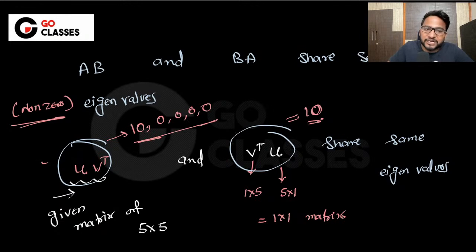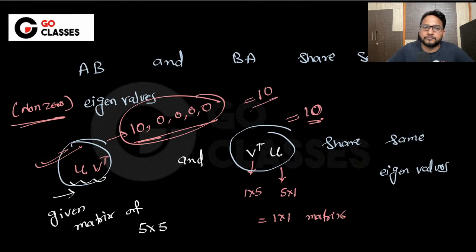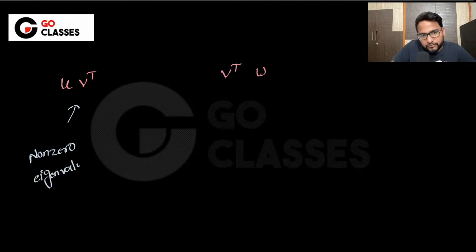And then they're asking for the trace of this. Trace means the sum of all the eigenvalues, which means 10 only. Have you understood what I'm saying? This UV transpose and V transpose U must have the same eigenvalues, at least the non-zero eigenvalues must be the same as the non-zero eigenvalues here.